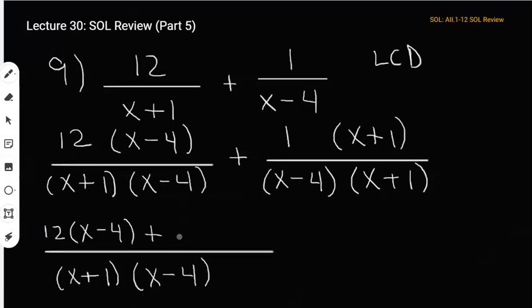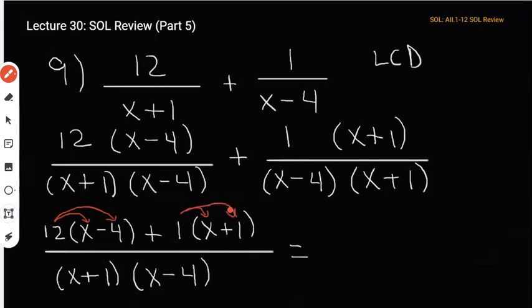But over here on this fraction, I have 1 times x plus 1. So now I can simplify the tops a little bit. What I'm going to have to do is the distributive property. I need to multiply everything in here by 12 and everything in here by 1.